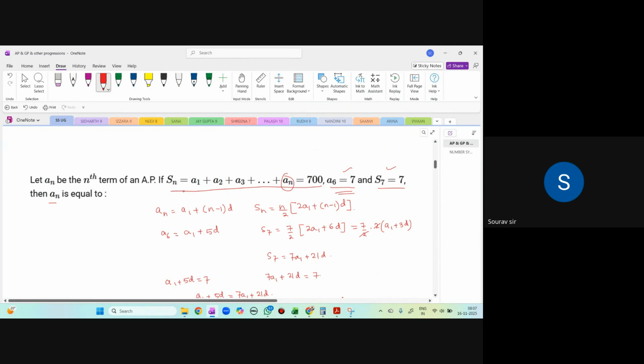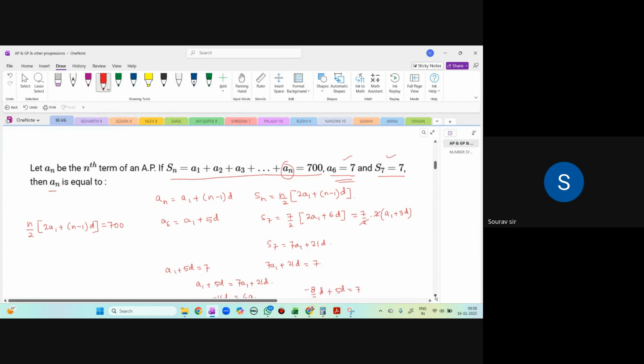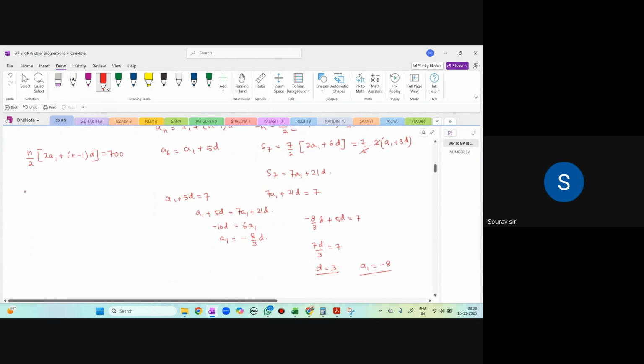So now you put it in this Sn. So Sn will be given by n by 2 into 2A1 plus n minus 1 into D. This is given as 700. Put the values of A1 and D. A1 is minus 8, D is 3.